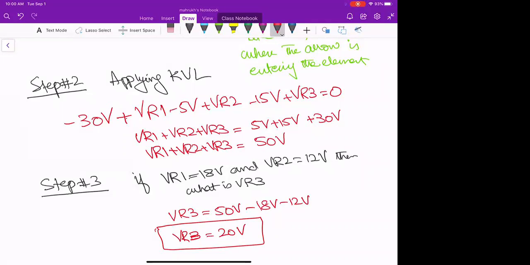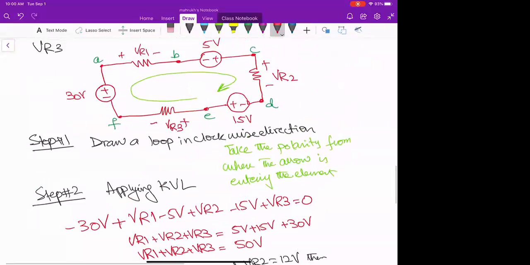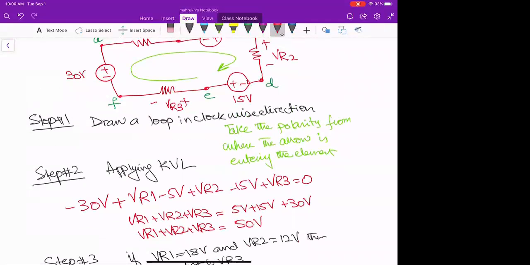Okay, so you understand what I'm trying to do. And what is VR1? As we have defined Ohm's law before, we can say VR1 is actually IR1, right?